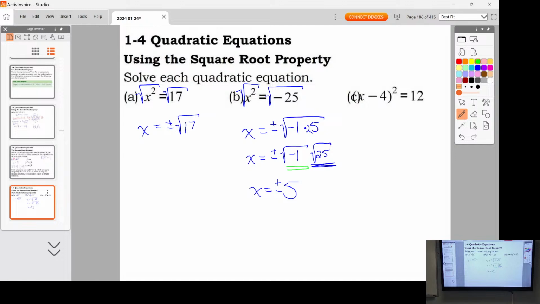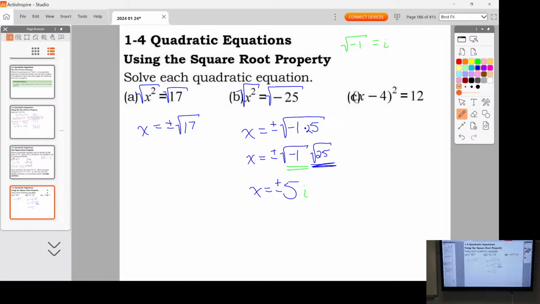Imaginary. So what do we use to represent imaginary? I. Okay. So the answer is x is equal to plus or minus 5i. By definition, the square root of negative 1 is i. Okay.